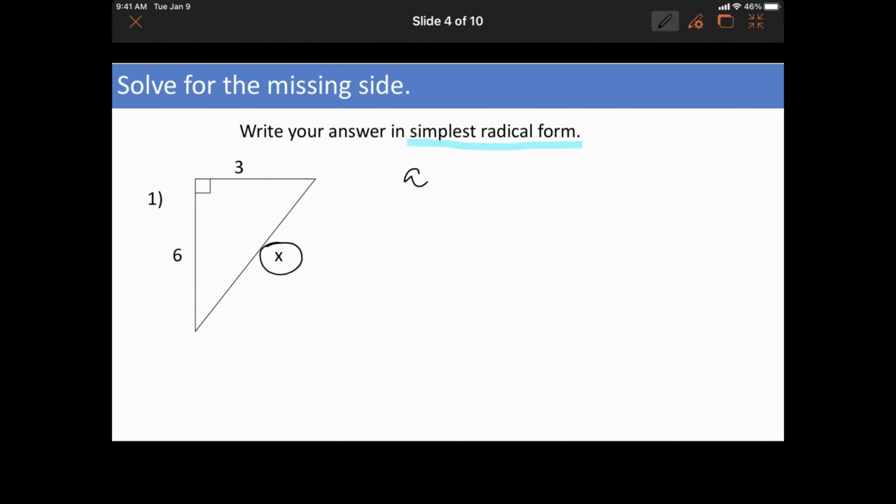So using this equation, and it doesn't matter which one's A and B. This could be A or B. This could be A or B. They're just the legs. So I'm going to do this.